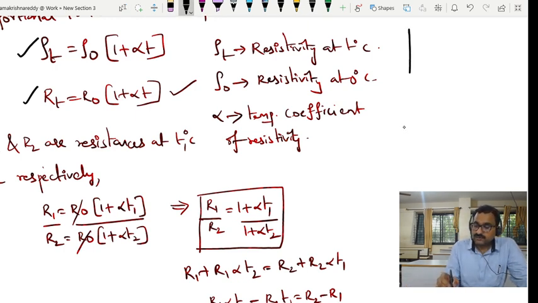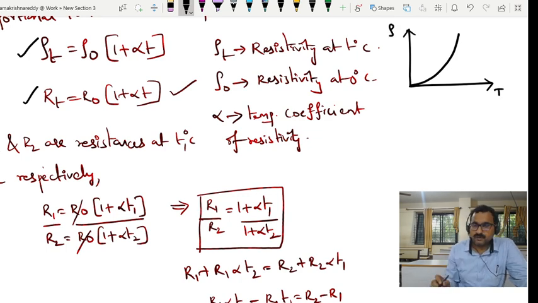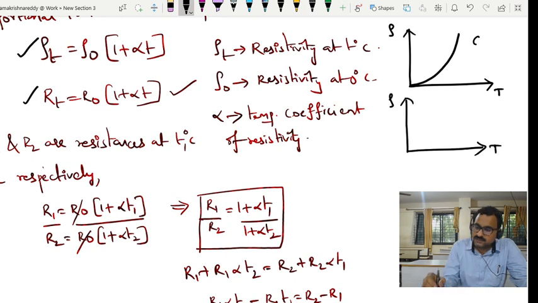See what we discussed. Suppose we take the resistance or resistivity of copper. For metals or conductors, it increases with increase in temperature. In this way we get it. For semiconductors we told you how it changes. This is for conductors or metals, and this is for resistivity of alloys like nichrome.